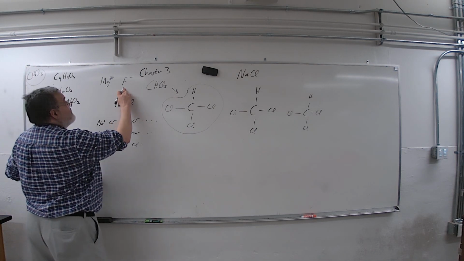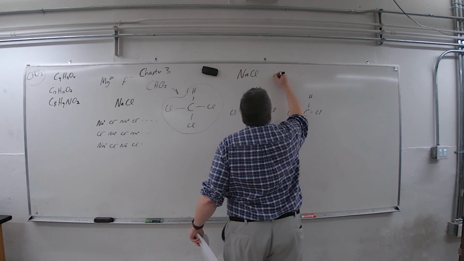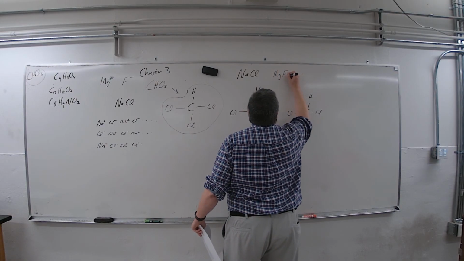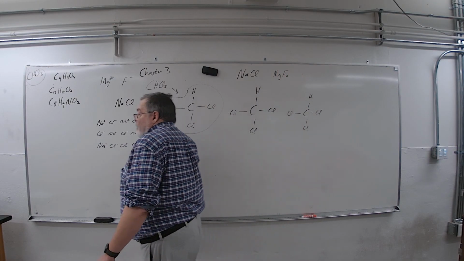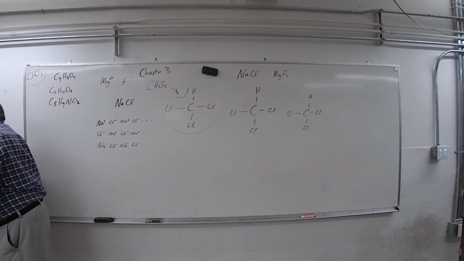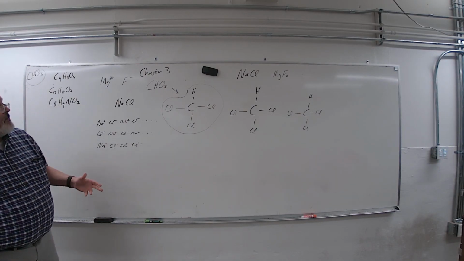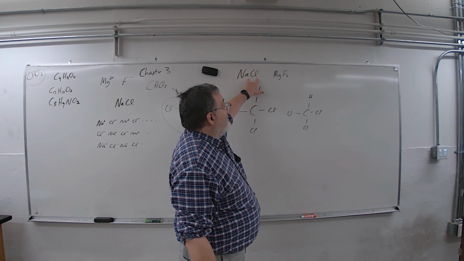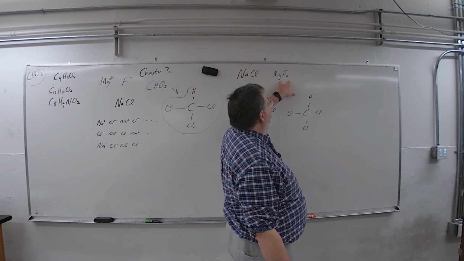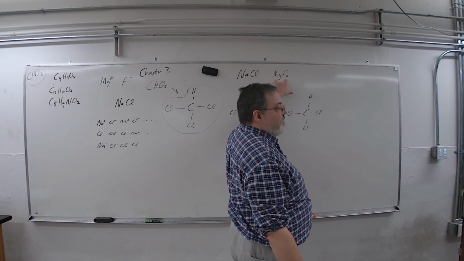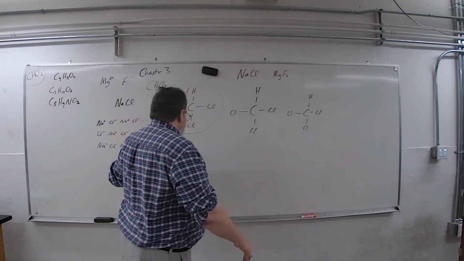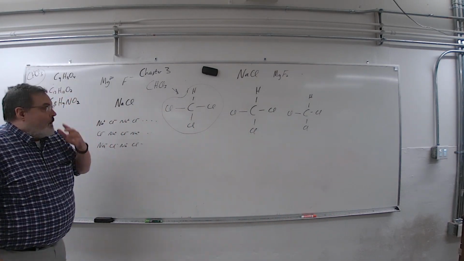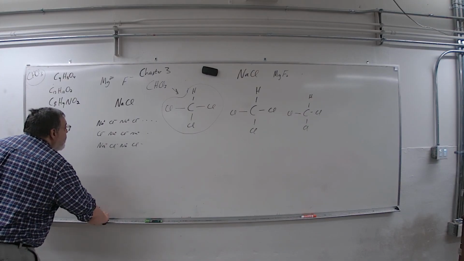You need 2 of these to balance the charge, so it's MgF2. And don't overthink this, it works exactly the same way as these do. It's just, I just want to emphasize, that's a ratio. 1 to 1 is the ratio of Na to Cl. MgF2, for every 1 Mg, there's 2 Fs. Exactly how to draw that gets a little nebulous, but here's the point.